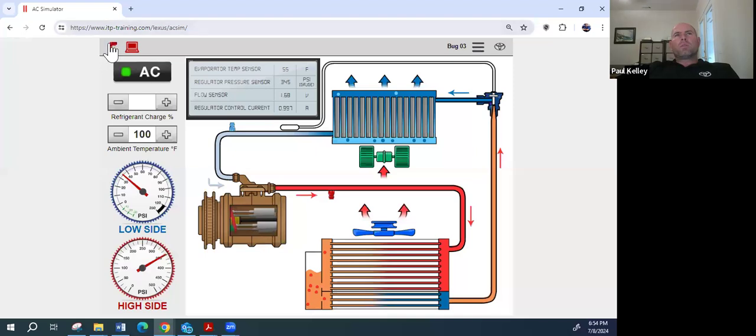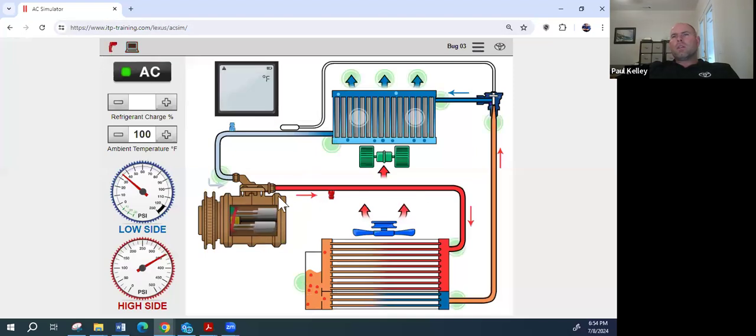So we get our temperature gun and check this out. Oh, that's hot. You've got 255 degrees here. You're not going to be able to touch that. Then you could check some other things. It's blowing pretty crappy ambient temperature.